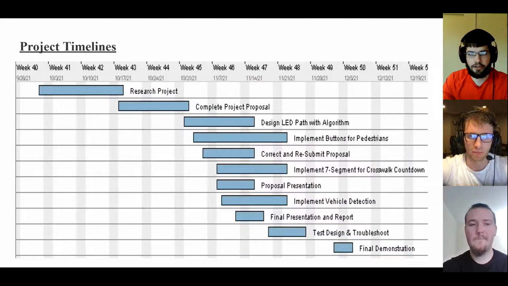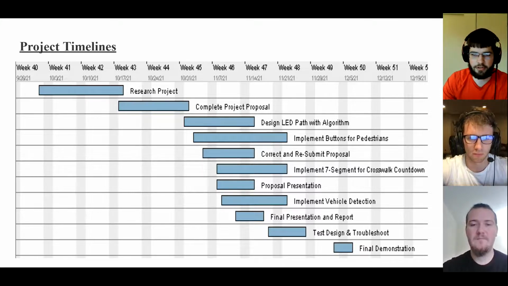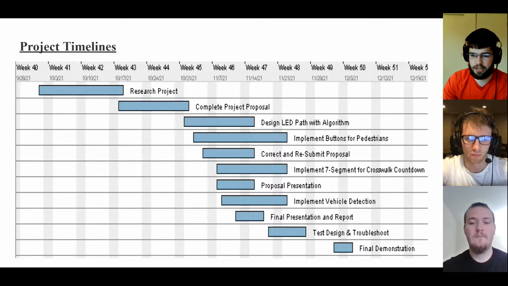This is the Gantt chart that we have created for our project to follow. The vast majority of our Gantt chart time will be spent in researching, creating the project proposal, and then the design stage, which has been broken down into about 7 different tasks where we will design the LED path, then at the same time work on implementing the buttons for pedestrians and implement the 7-segment display for crosswalk countdown, as well as the vehicle detection.